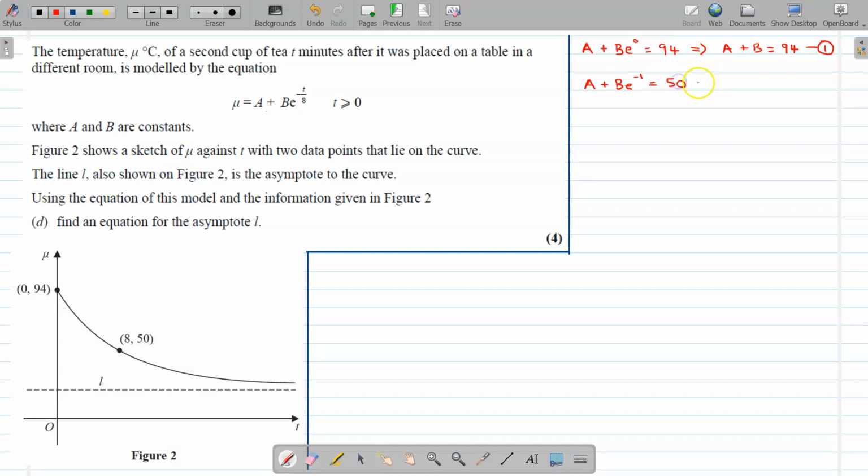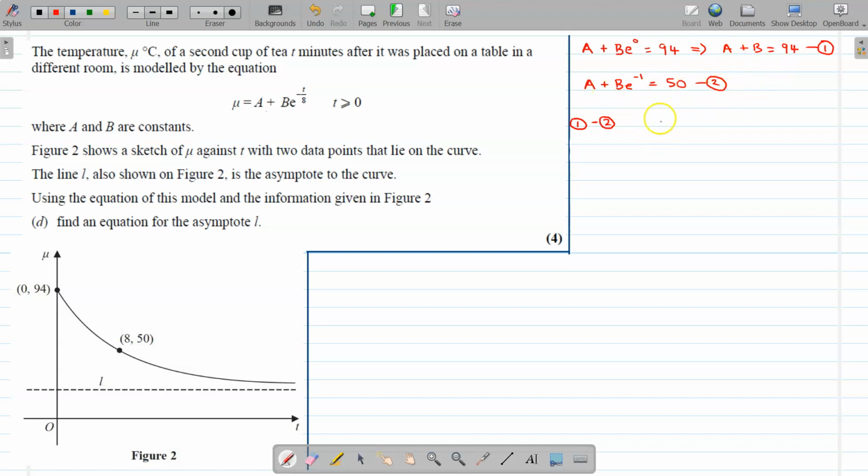I'll just call that equation 2. Now, if I subtract equation 1 take away equation 2, that will give me 94 minus 50.